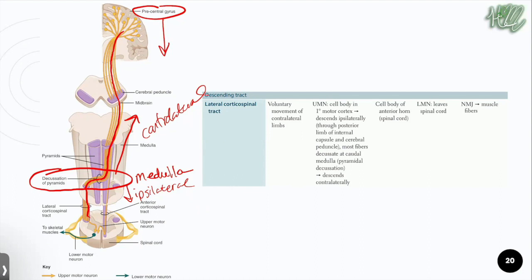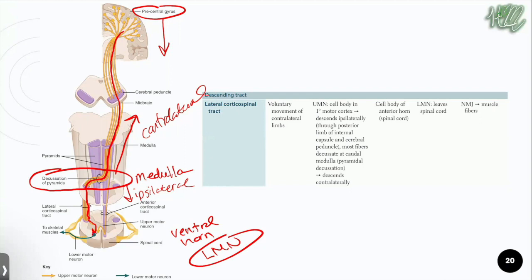It's going to go to that level of the spinal cord. It's then going to enter through and go through the ventral horn, because the ventral horn is what controls our lower motor neuron. And this is the huge transition that happens here.